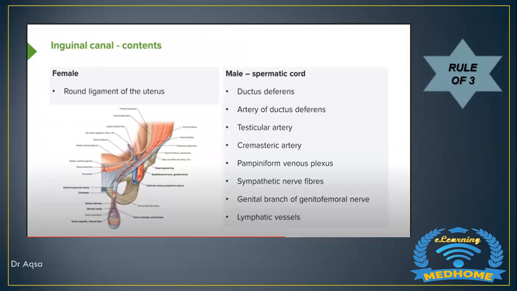The nerves were ilioinguinal nerve, cremasteric nerve, and the sympathetic nerve. And the other structures were vas deferens, pampiniform plexus, and the lymphatics. Excellent. Thank you so much. You really explained this. Just a very quick revision from you. Thank you so much. Welcome.